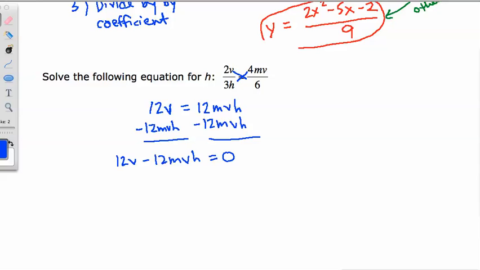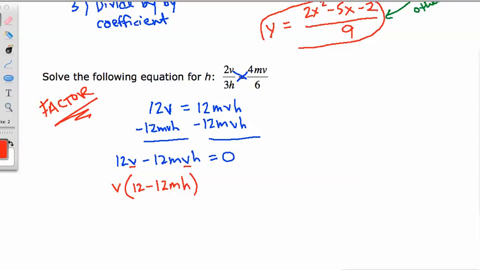Okay, and now we want to factor out the variable that we want. So this is slightly different. In this one we have to factor. So we want this variable v. Now if v is being multiplied to every term, you can pull it out like this. v parentheses times everything that's left. So a 12 was being multiplied by the v minus another 12 and an m and an h.